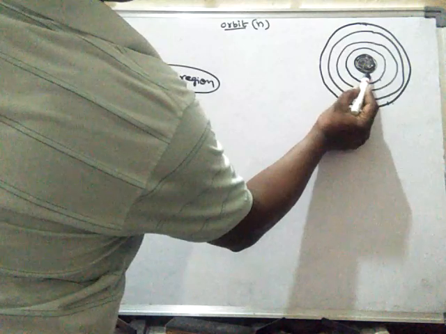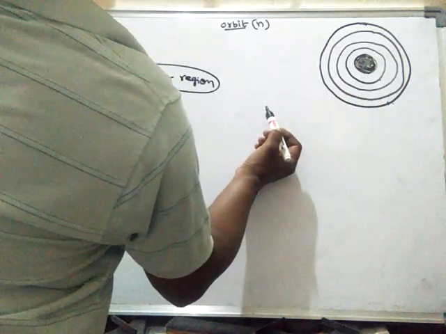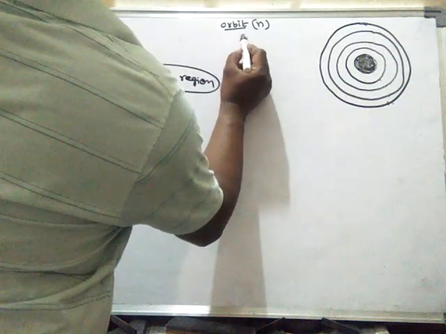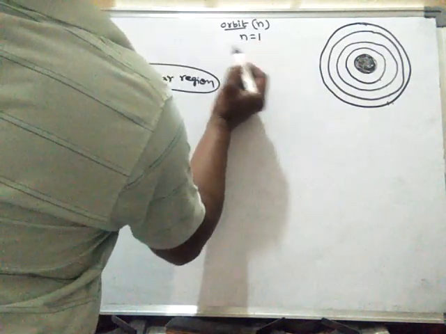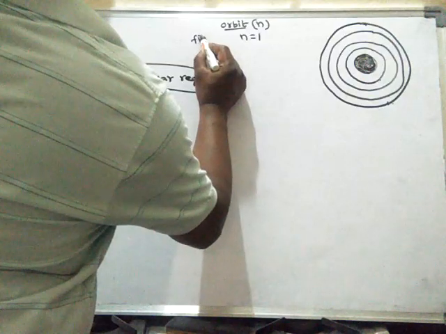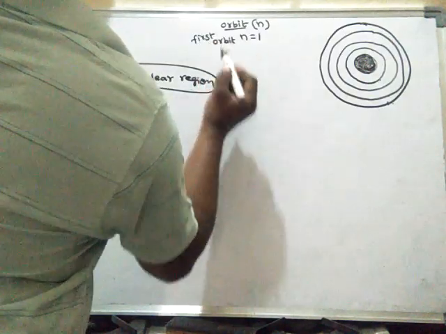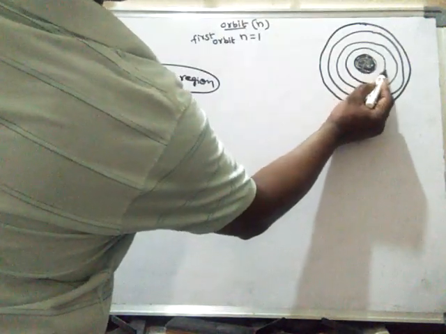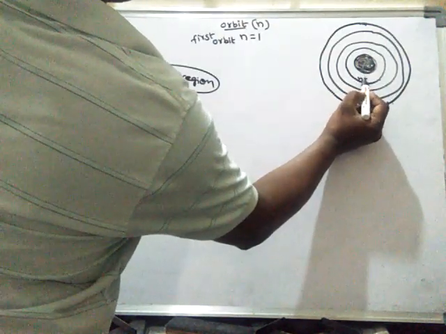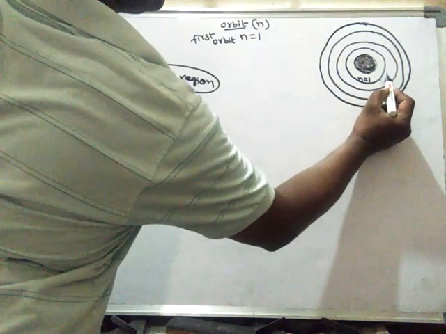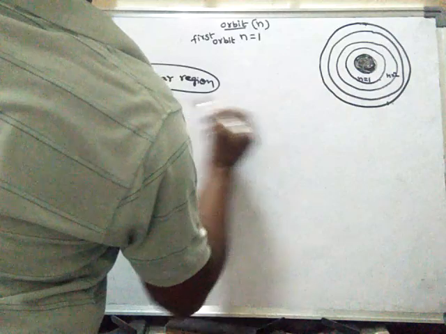The orbit which is close to the nucleus is said to be the first orbit, that means n value will be 1. This is n equal to 2, the second orbit.